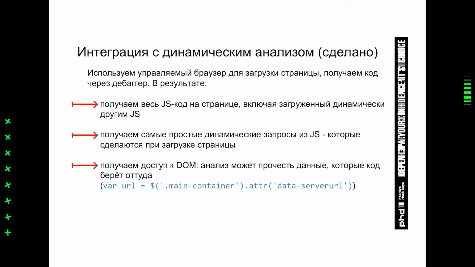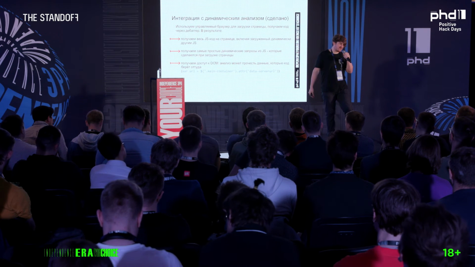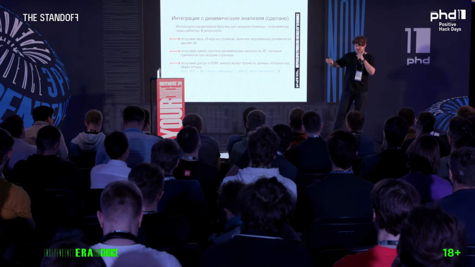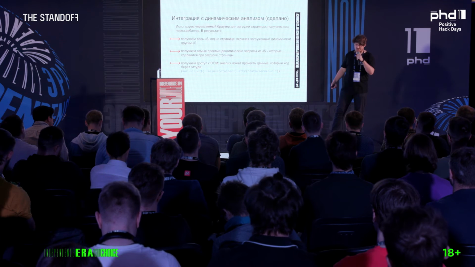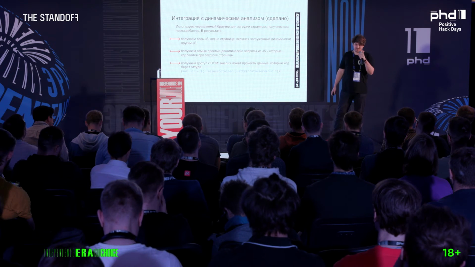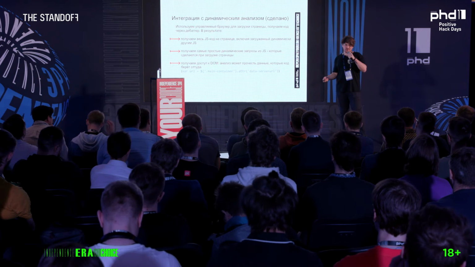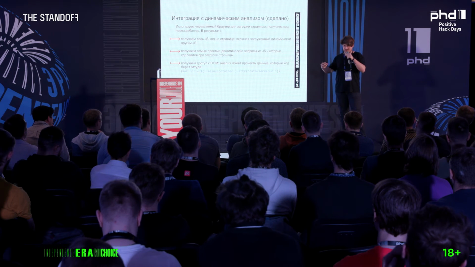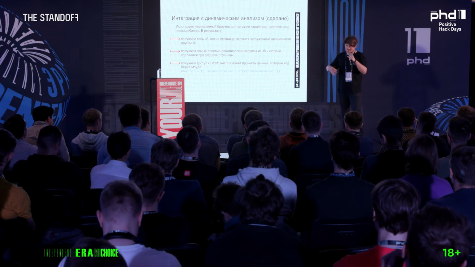If some code works in it, we can get it using the debugger, and since it's a real browser, irrespective of whether it's been eval'd or deciphered coming from the server, it's there in the real browser, and this way we can find the whole code. Besides, we get all the calls that you would regularly get when you download the page. The analyzer would have it, and we also have access to the DOM tree and DOM API.